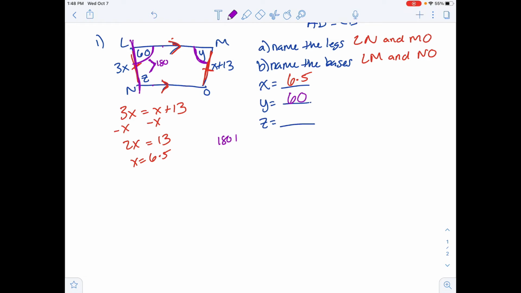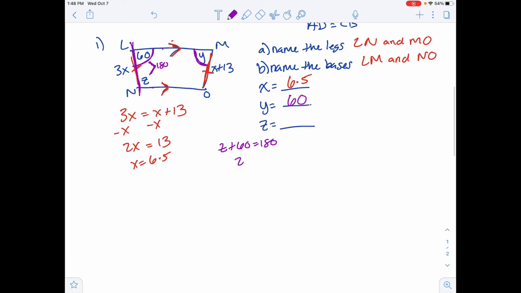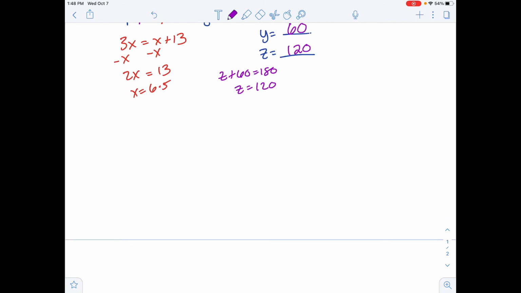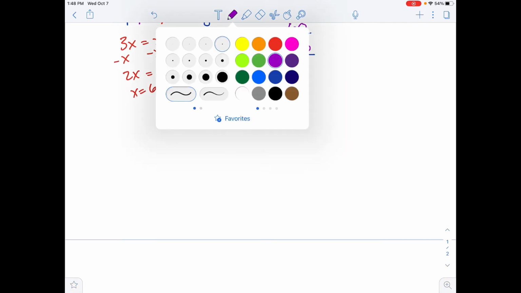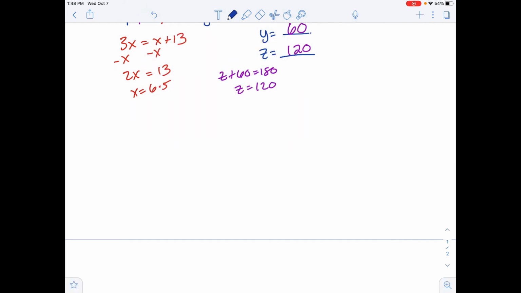So Z plus 60 equals 180, so Z is 120. Okay, so there's your example for a trapezoid. Now there's one more thing that we have to learn about a trapezoid, and that would be a mid-segment.